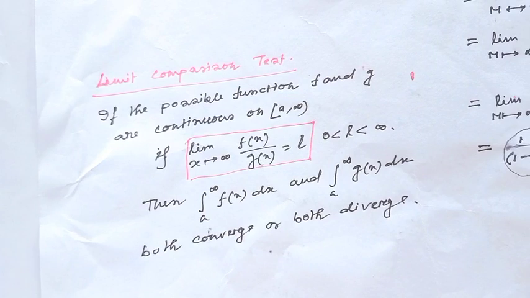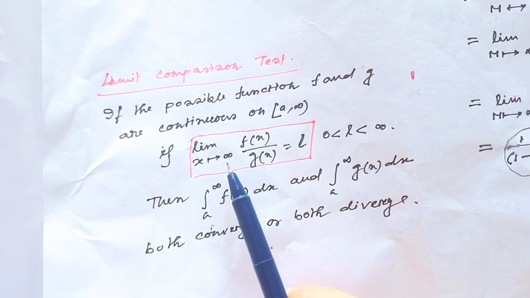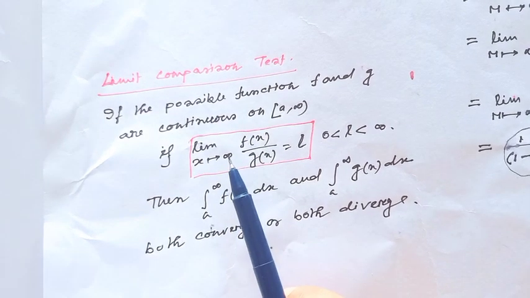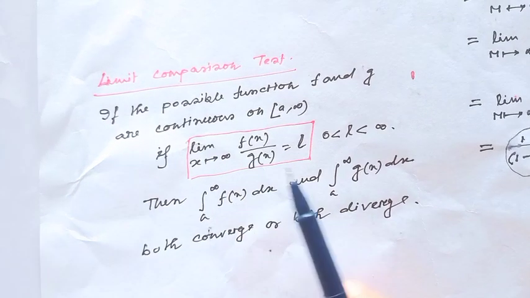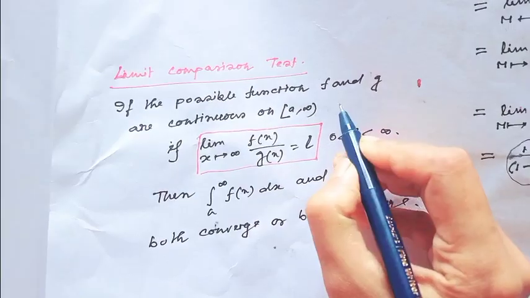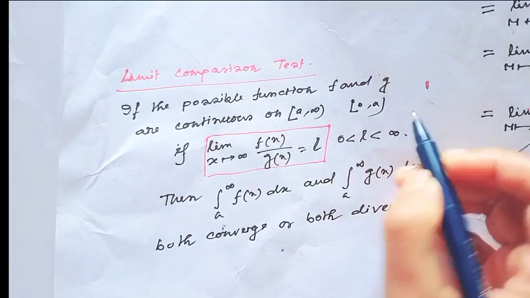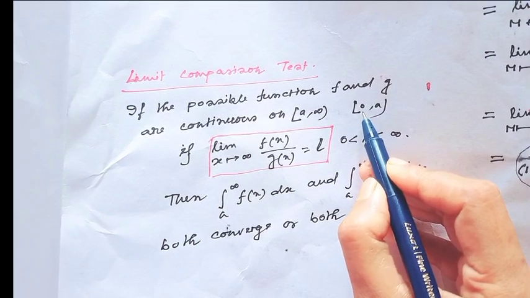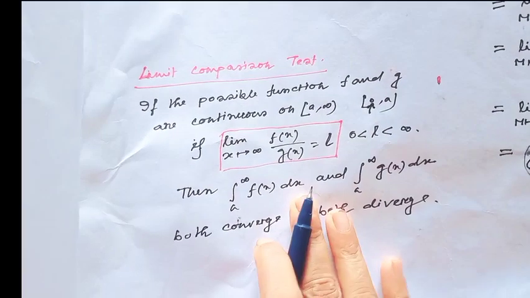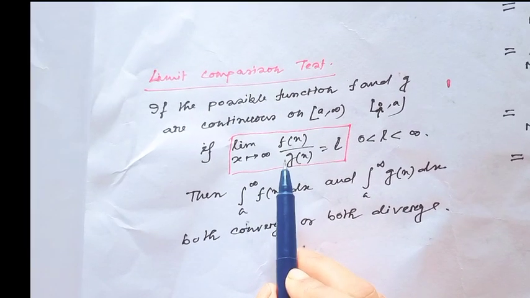Here one thing is noticeable: I have evaluated the limit as x tends to infinity because at the point infinity, this function has a discontinuity. But if we consider an interval 0 to a, and there exists a discontinuity at the point 0, then the limiting value would be limit x tends to 0.